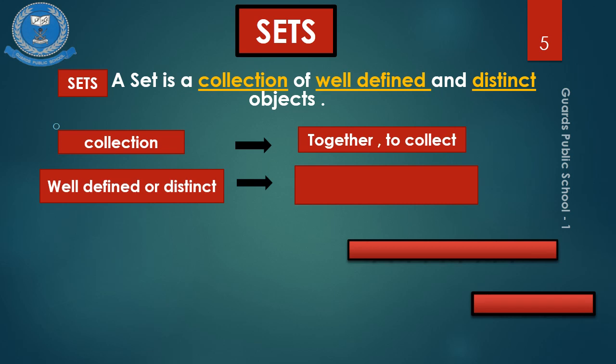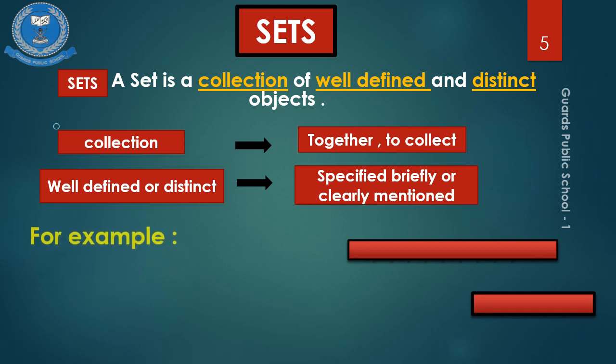Well-defined and distinct means specified, briefly or clearly mentioned. So what can we understand by this? A set can be formed of anything that can be well defined or distinct.